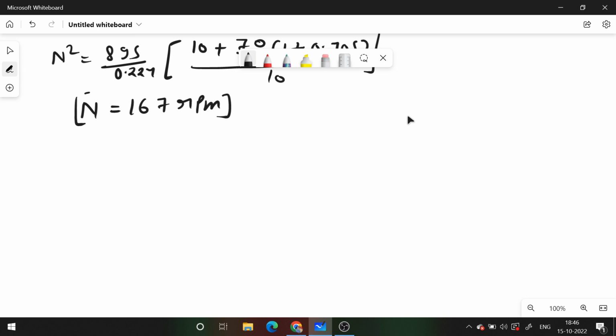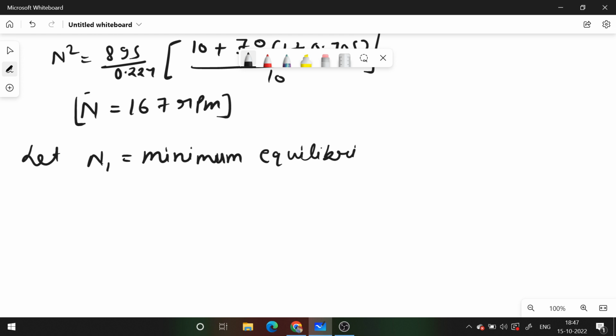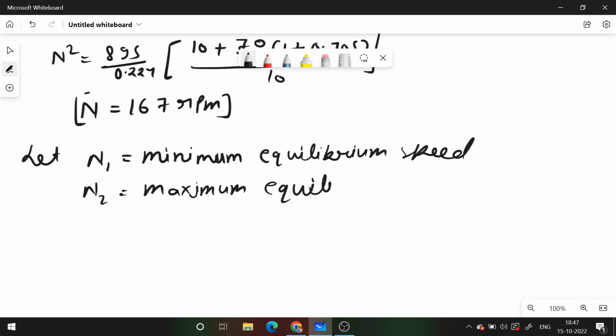Okay. Range of speed when friction is equivalent to load 20 Newton. Let N1 be the minimum equilibrium speed and N2 the maximum equilibrium speed.